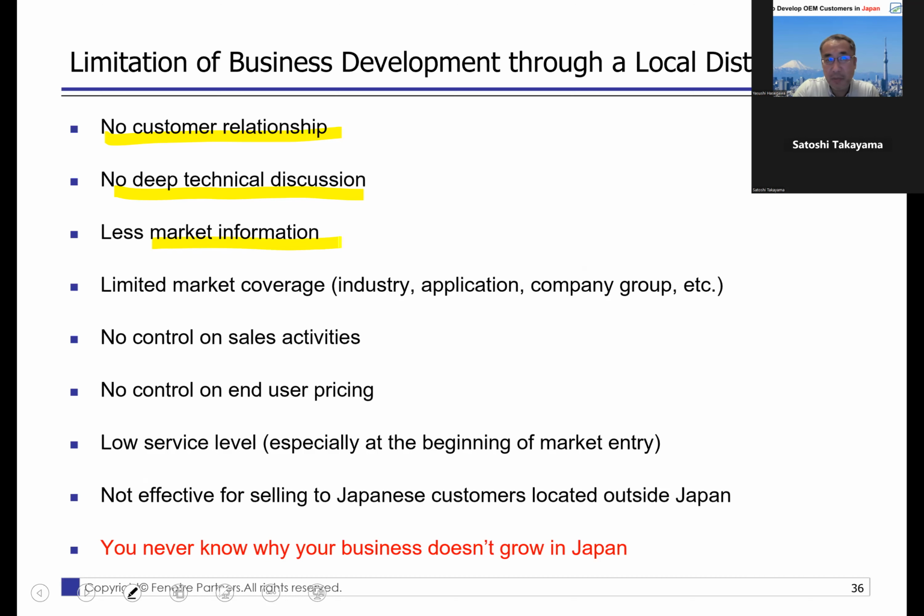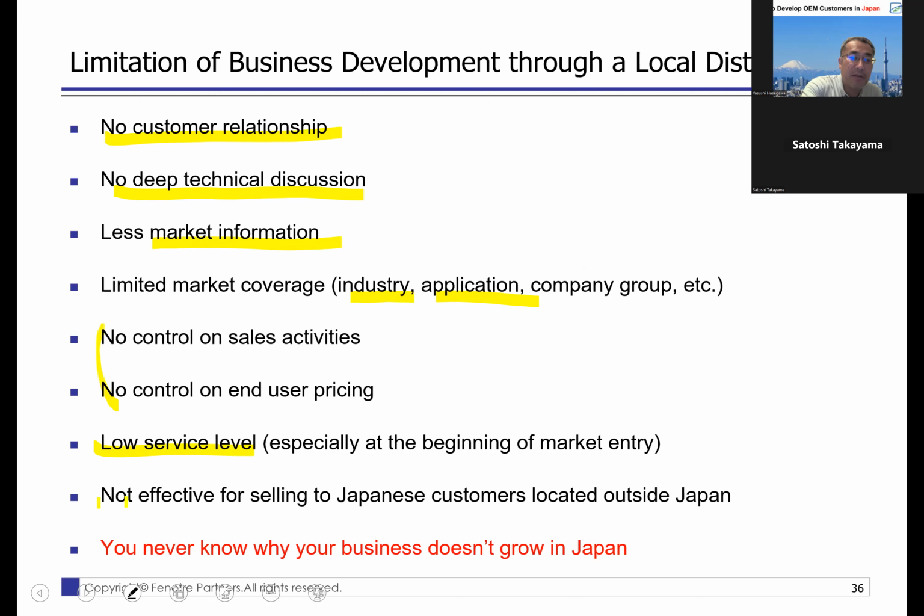And Japan is a big market. Usually, one distributor cannot cover all your target industries or all the applications. And it's difficult to control their sales activities and user pricing as well. At the beginning of your market entry, usually your service level will be low.